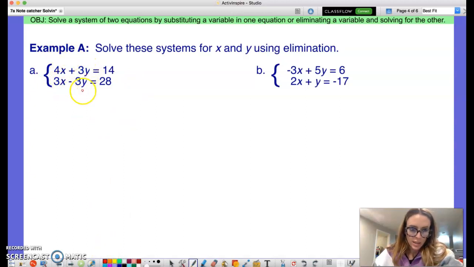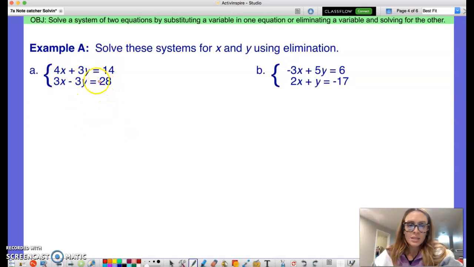This y is lined up with this y, so they're above each other. And then we have our equal signs lined up, and then we have our constants on the other side lined up. Now, it does not have to go x and then y and then our constants. These can be y first and then x and then our constants, or our constants can be on the other side of the equal sign. But however they are, they have to be lined up.